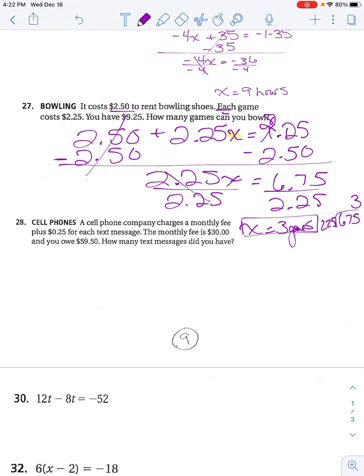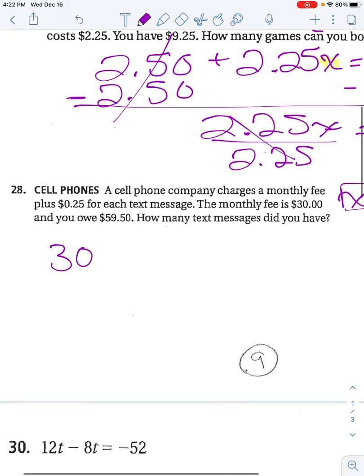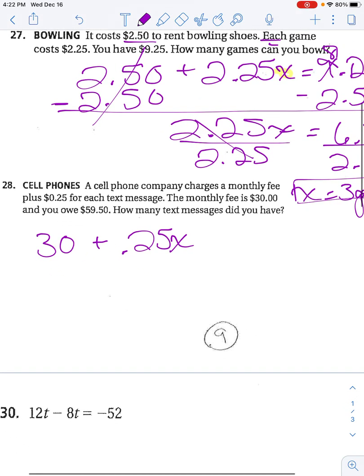28 is very similar to 27. A cell phone company charges a monthly fee plus 25 cents per text message. It says the monthly fee is $30, so let's start with that. $30 plus 25 cents per text message.